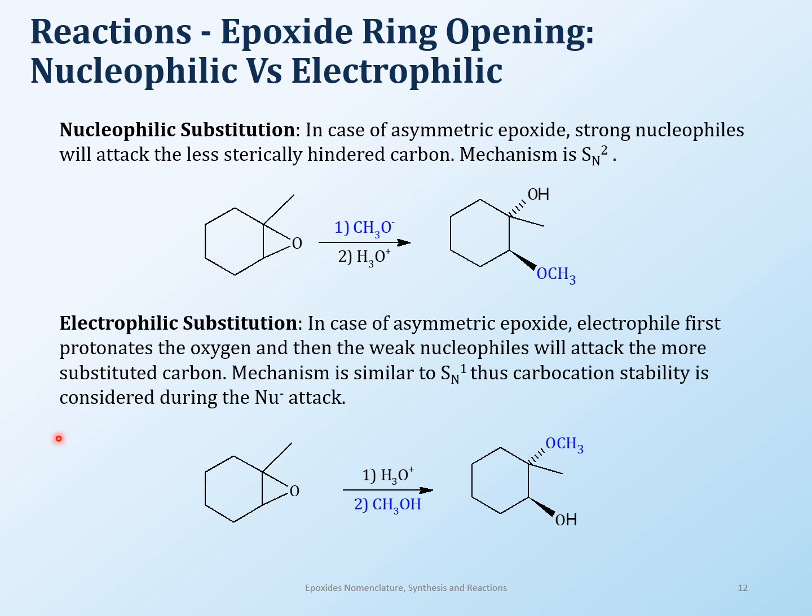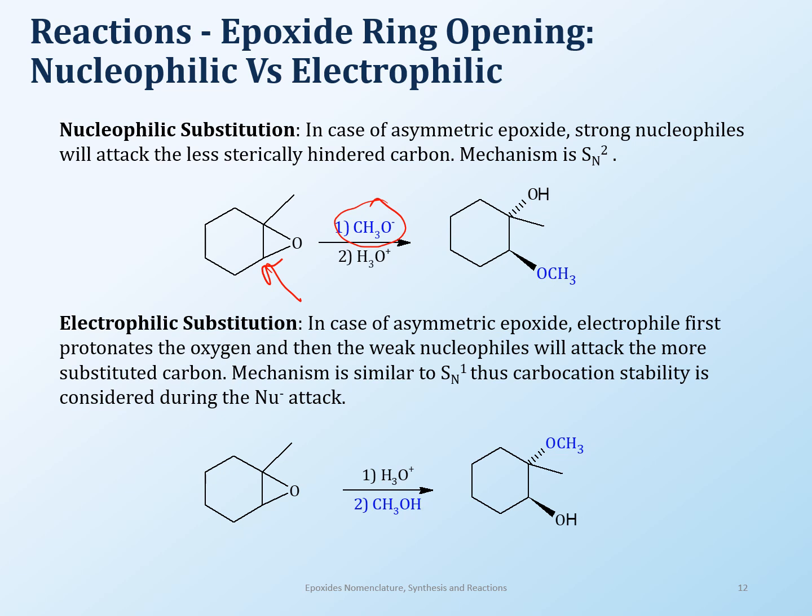And here again, just a little review on one slide is the ring opening when you have a nucleophilic substitution and when you have an electrophilic substitution. In the nucleophilic substitution, if you were using methoxide, that methoxide would attack this carbon because it is more easily available, or less sterically hindered. So this carbon gets attacked if you have a negatively charged nucleophile like this.